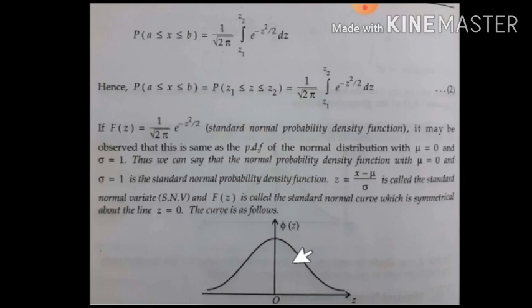So now here phi of z, what are we telling? This function 1 by root 2 pi, this probability condition, probability of z varying between z1 to z2, can also be denoted as phi of z.